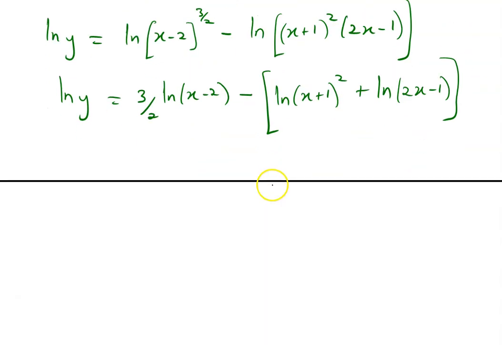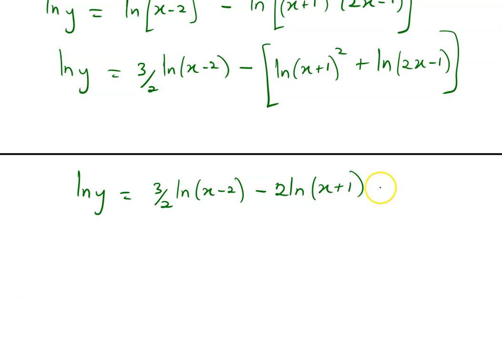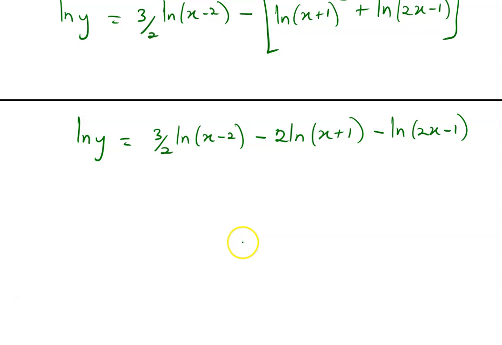We can still simplify this, and we are going to get ln y equals 3 over 2 ln (x minus 2), minus, this exponent will come down, giving 2 ln (x plus 1), minus ln (2x minus 1). Very good. So now we've been able to break it down to the simplest form.